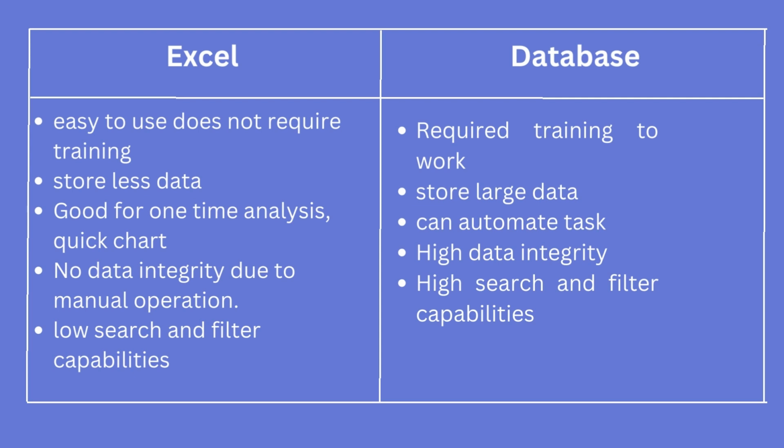Sometimes if you want to enter a phone number, it will be an 8-digit number, or some people will enter a name in place of a phone number, so it will not be correct information. But in a database we have high integrity in data because we can put conditions in our database. Excel has low search and filter capabilities, but in a database we have high search and filter capabilities.